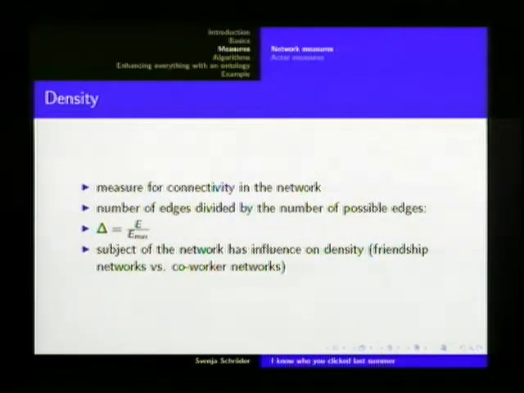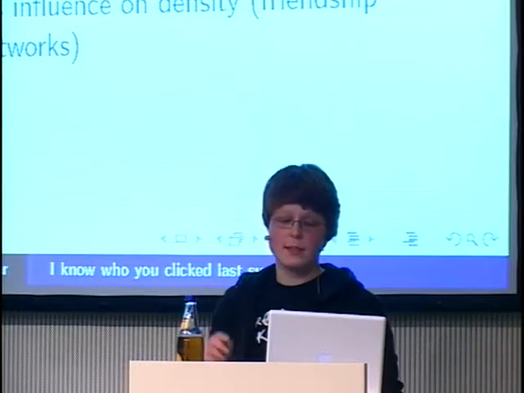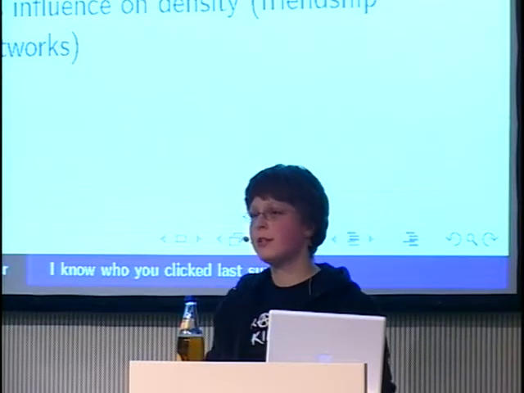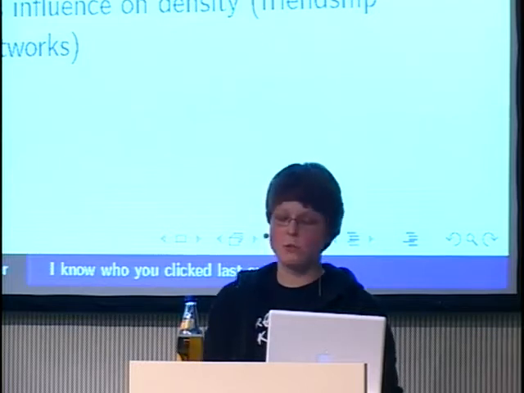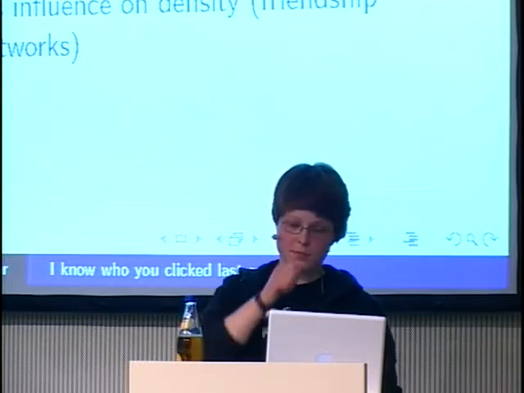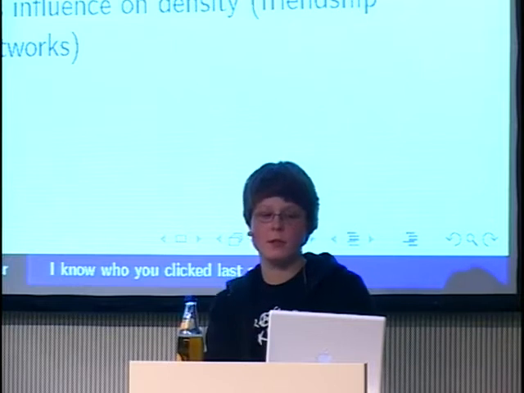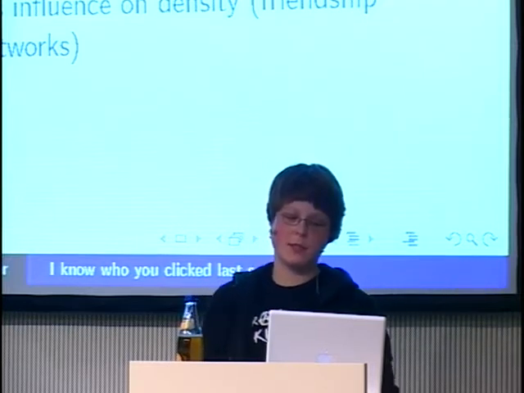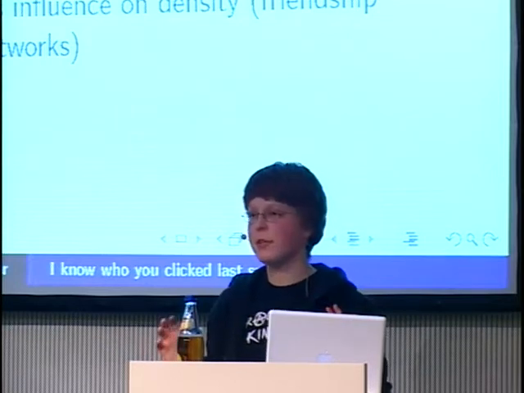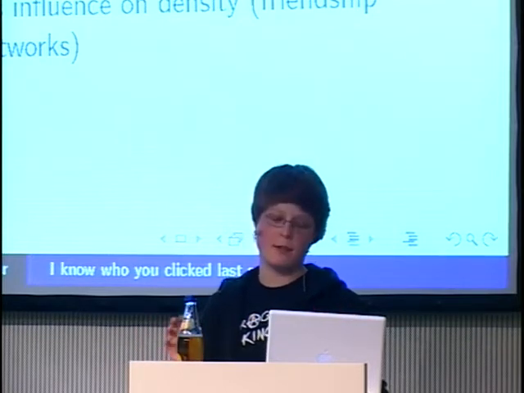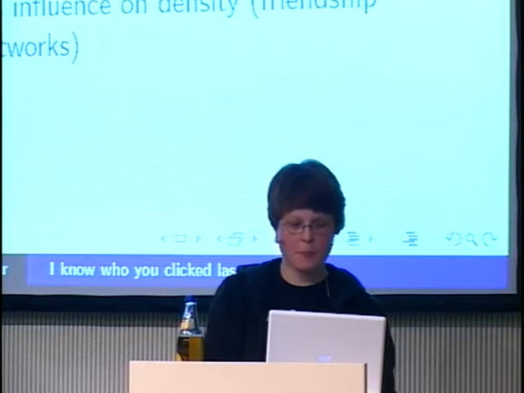It's a very easy measure, and of course, the subject of the network has influence on the density because friendship networks tend to be more intense than, say, co-worker networks. And with this measure, for example, you can compare different networks in a very basic way.